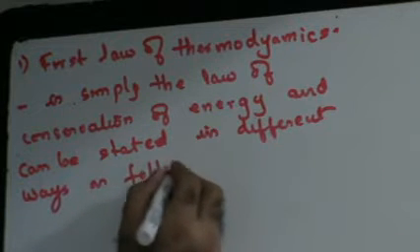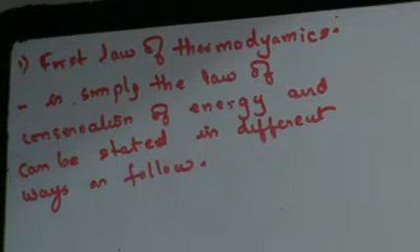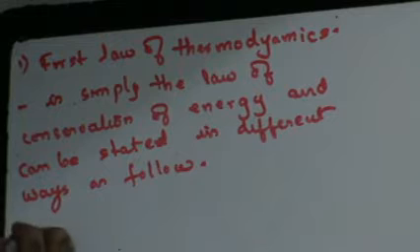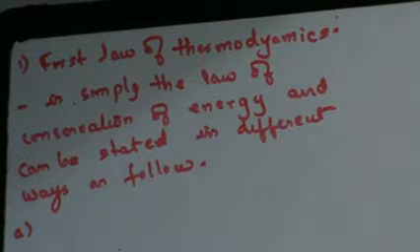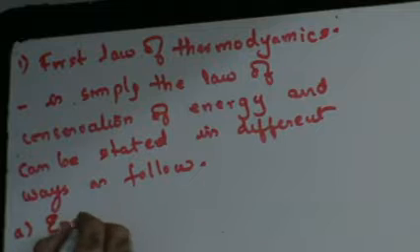Now how do I state the first law of thermodynamics? There are different ways of stating it. First method: energy can neither be created nor destroyed. It can only be converted from one form to another.